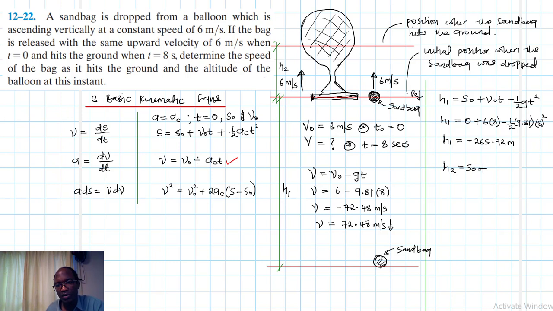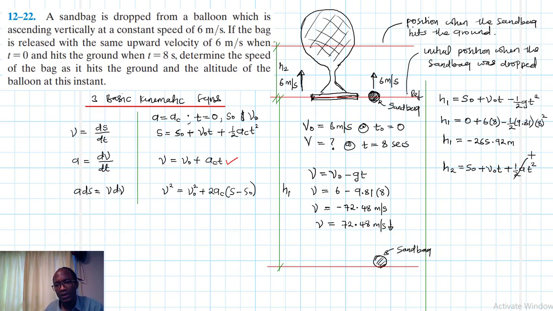So we have S naught plus V naught T plus half a T squared.